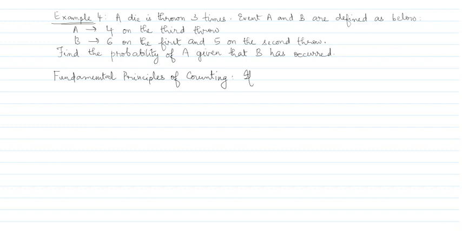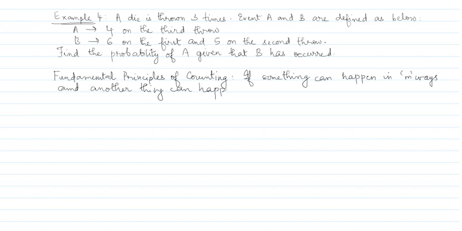If something can happen in m ways, and another thing can happen in n ways, then both together can happen in mn ways.